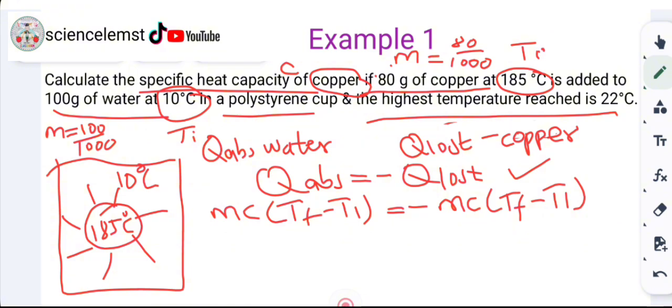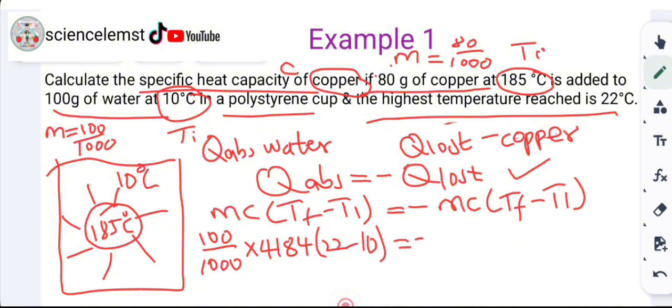The absorbed, remember, it's for the water. So I'm going to have 100 divided by 1,000 multiplied by the specific heat capacity for the water. The final temperature is 22 minus the initial for the water was 10. Negative the mass of the copper, 80 divided by 1,000.